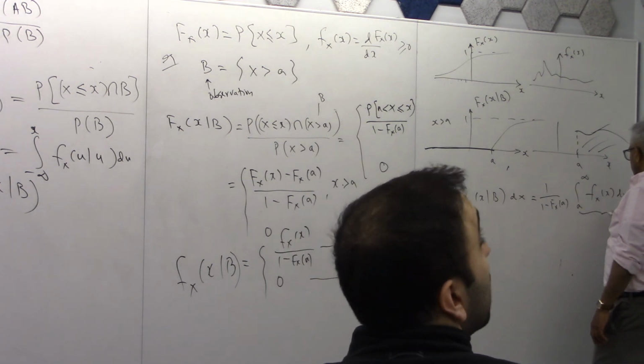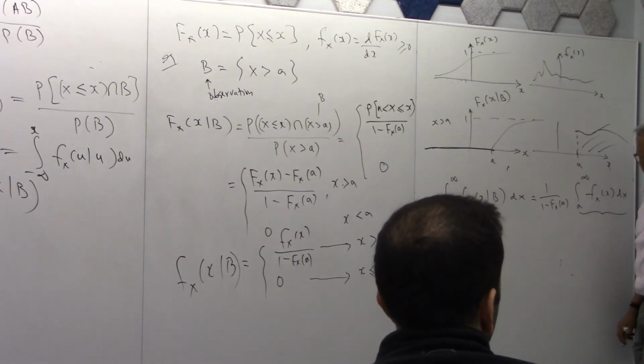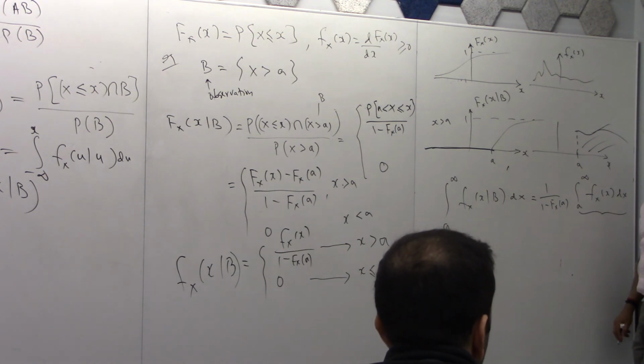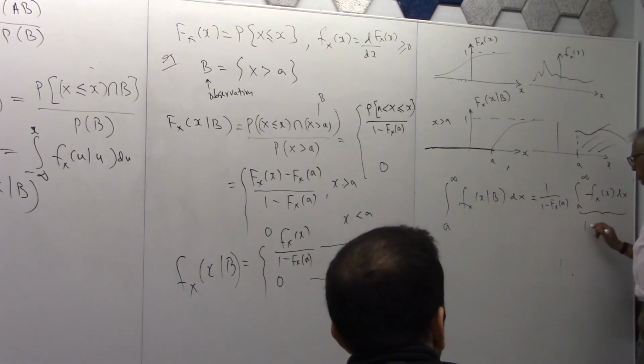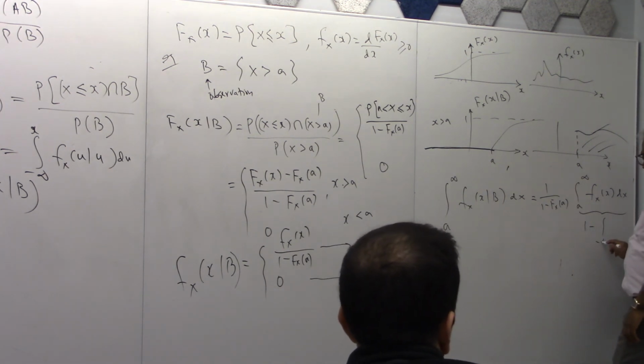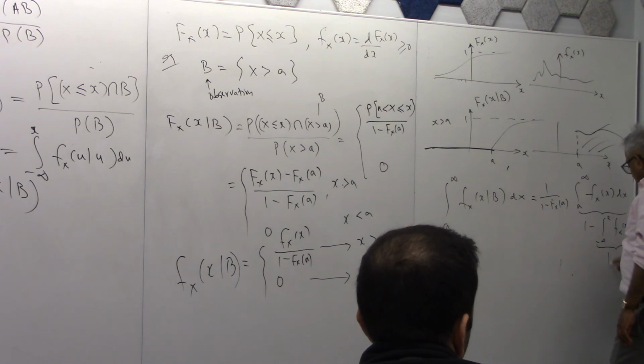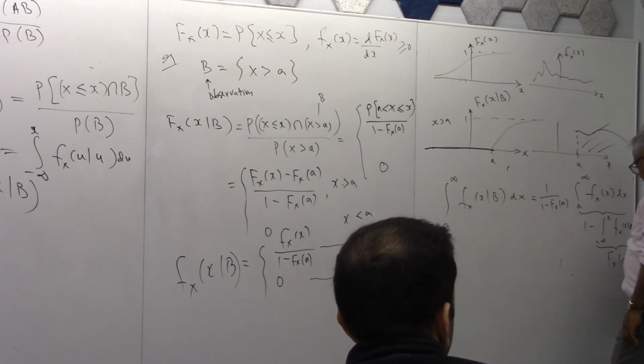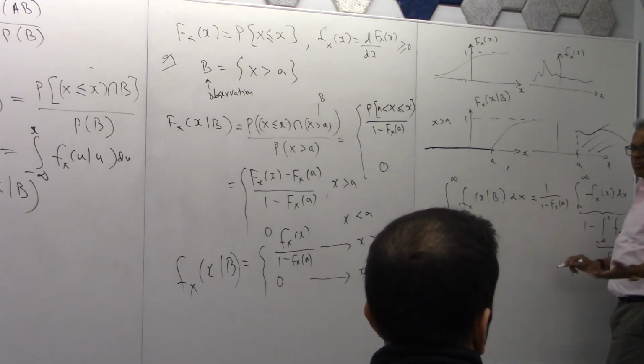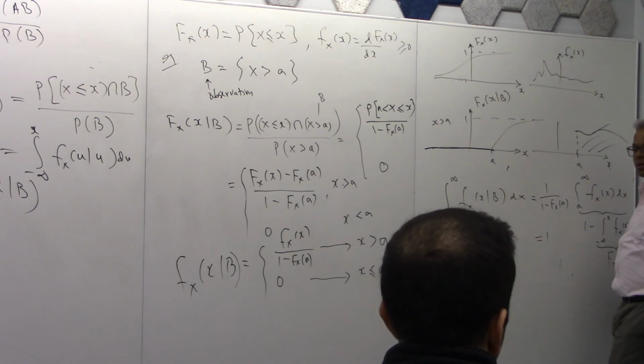For the ordinary density function, how do you express this? It is 1 minus the integral from minus infinity to a of f_X(x), right? But this is F_X(a). So 1 minus F_X(a) over 1 minus F_X(a) is 1.